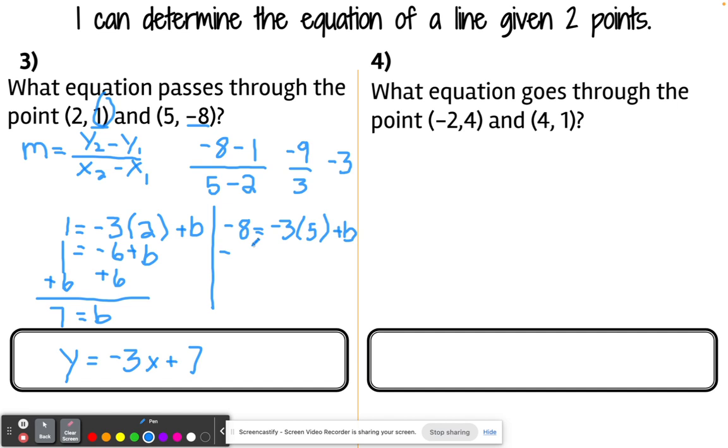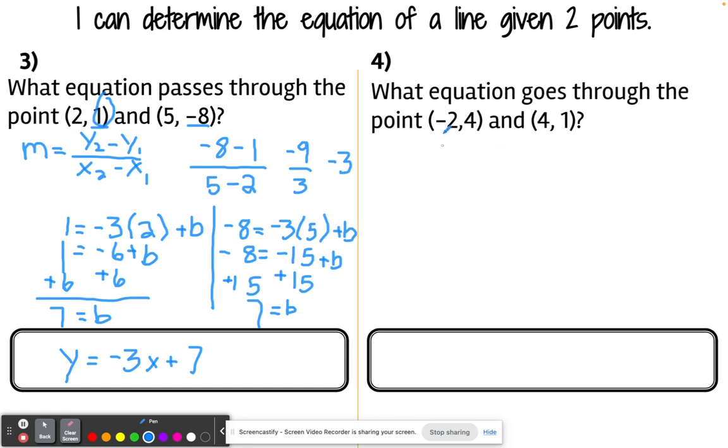So negative 8 equals negative 15, negative 3 times 5, plus b. When I add 15 to both sides, I'll get b equals 7. So you see, I got the same answer. It doesn't matter which point you use, whichever one you like better.